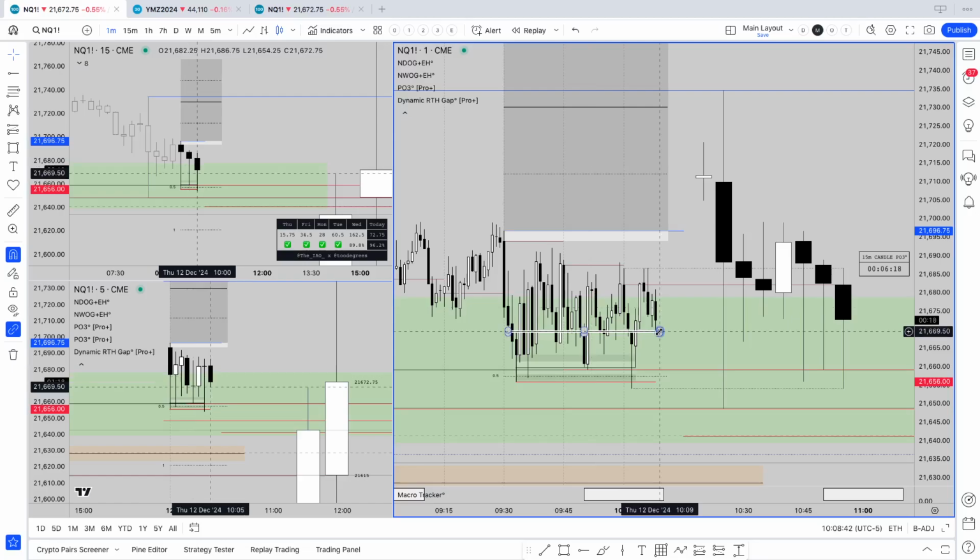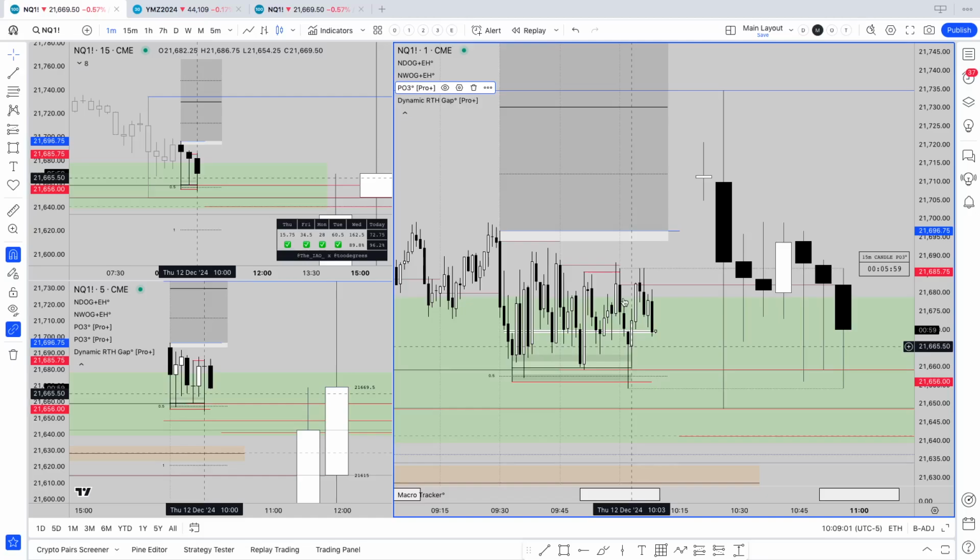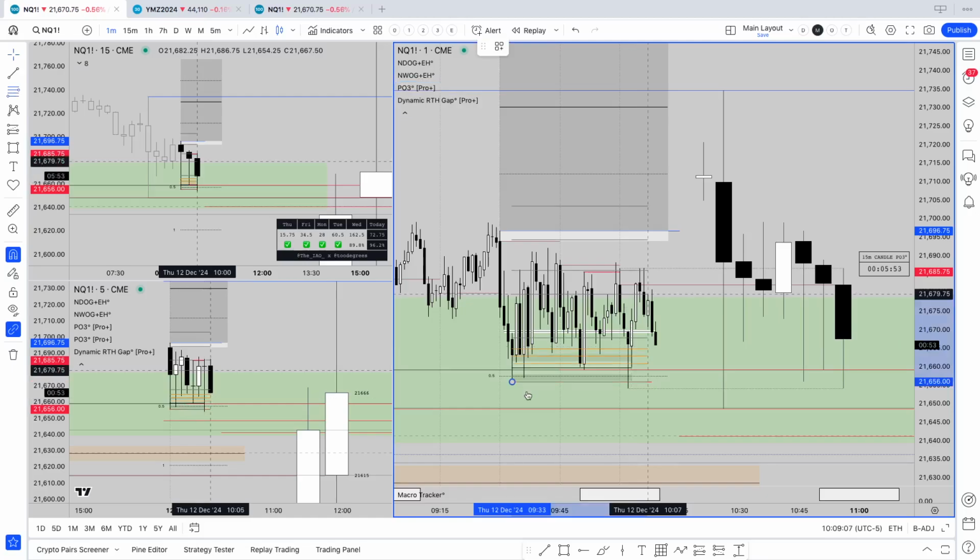This is a classic double purge here. Look. We take this stop run, and in the same move we take stop run buy side and sell side. When I see this, price should retrace now to the discount in order to move higher, but this is when the market is reversing.